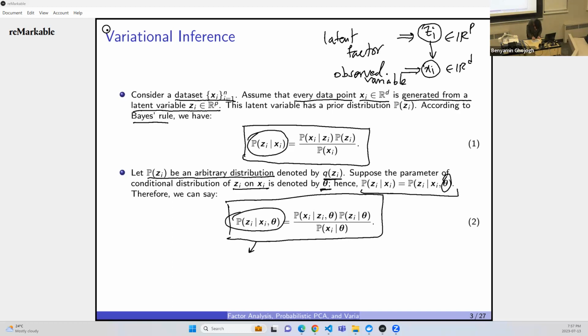Because if you multiply this by this, what does it give you? It gives you P of Zi, give me a second to think. Yes, I think I'm right. What does this give you?